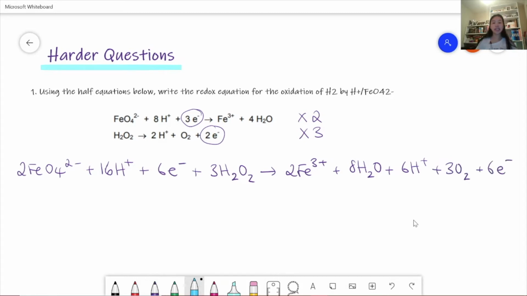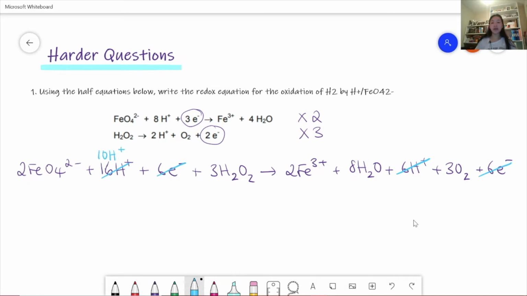So now we can cancel out the electrons because we have 6 on each side. But now we find that we can actually cancel out these H+ too, because there are 6 on this side and 16 on this side. So if we cancel out 6 H+ on each side, then this becomes a 10.